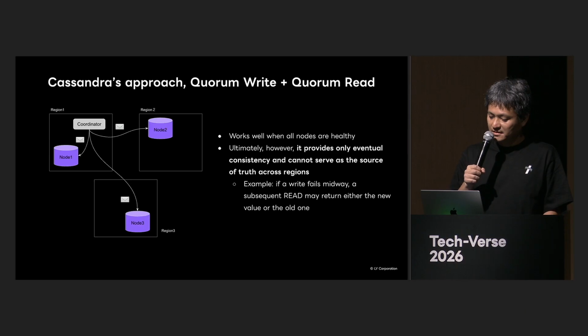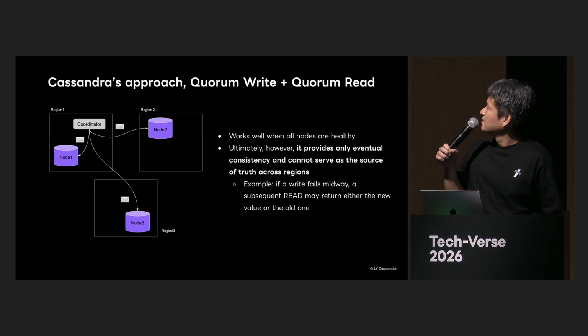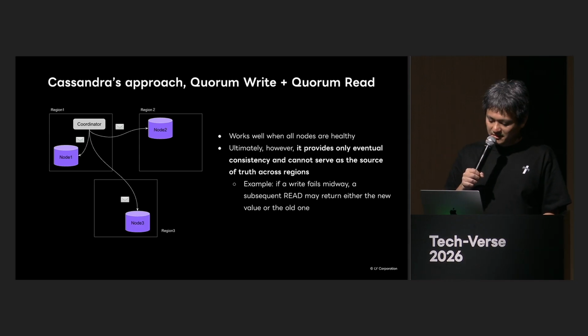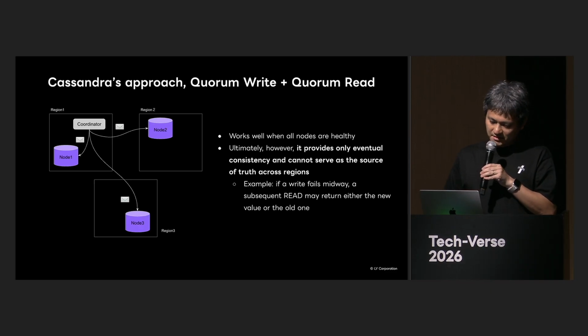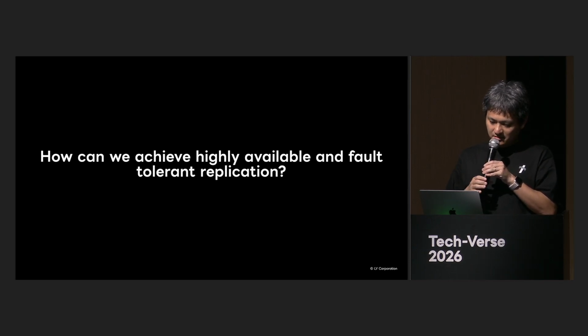But as Cassandra itself states, it provides eventual consistency. There are some corner cases where consistent reads and writes are not always possible, and that's why. How can we use it as a source of truth, which I will introduce later? We believe that a new type of middleware like this would be better.